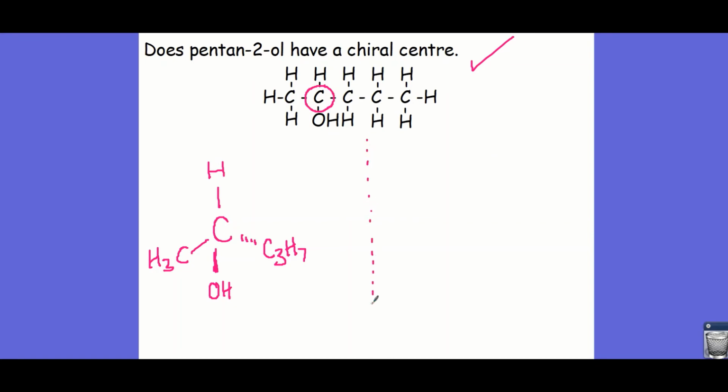So we can draw both enantiomers here. So let's have a go. Draw C3H7, our hydroxyl group down here, and our methyl group here. So let's identify which is which. So we have a hydrogen, a carbon, an oxygen, and a carbon.